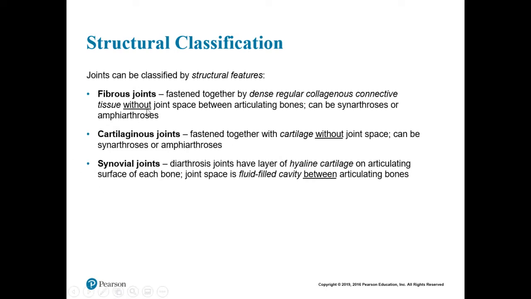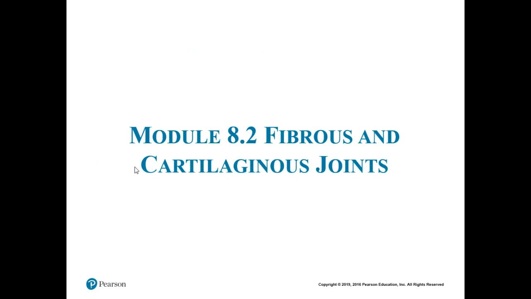So I guess that's the difference between synovial and these two: synovial joints contain fluid in their membranes. There's a membrane that's similar to a cavity, and inside is fluid called synovial fluid. I'll show you what that's composed of in a bit.